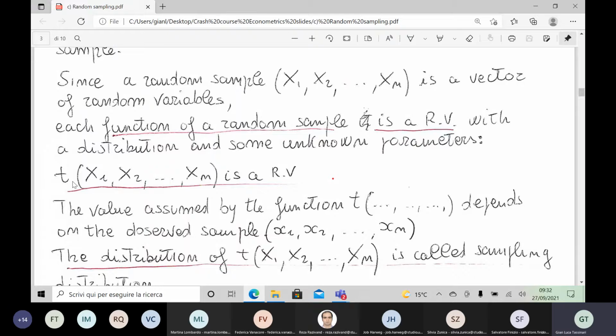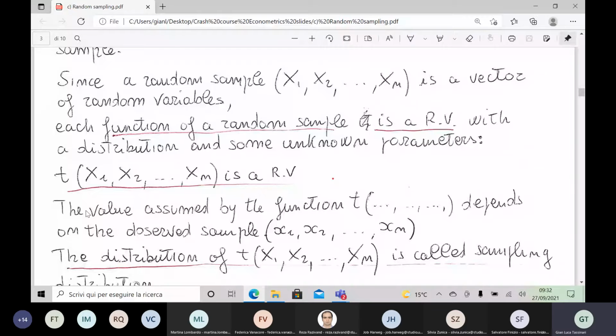T of x1, x2, xn is a function of what? Of n random variables. Suppose you have a function of n random variables, which are the elements of the random sample, then a function of a random sample obviously is a random variable itself.